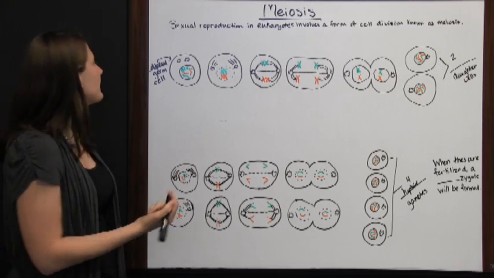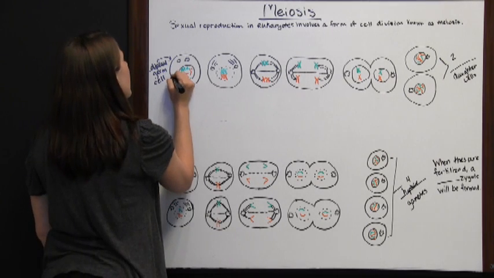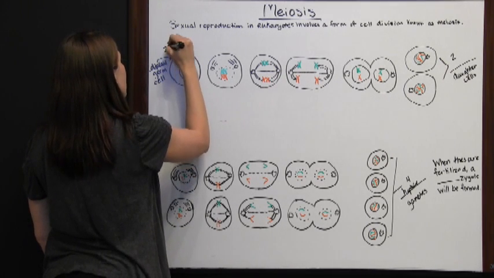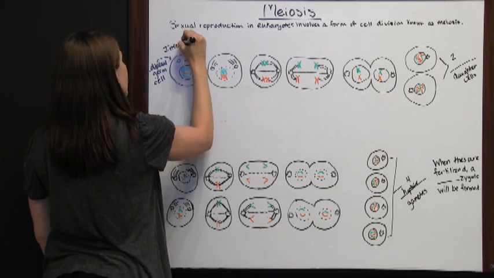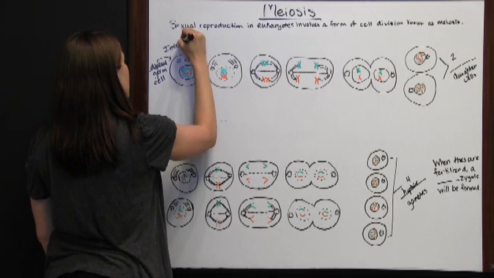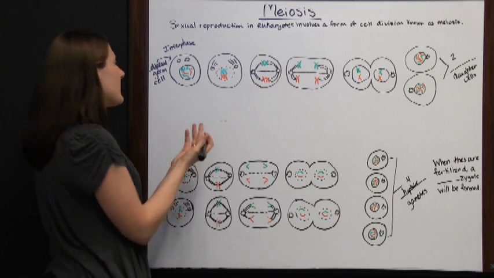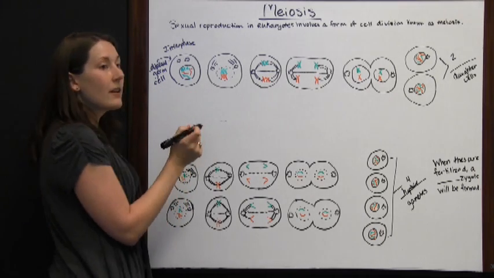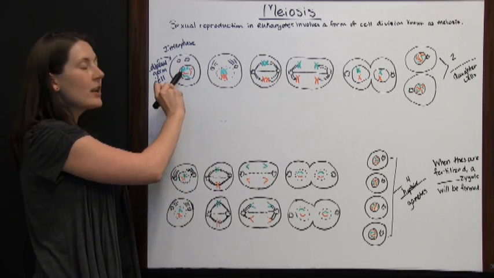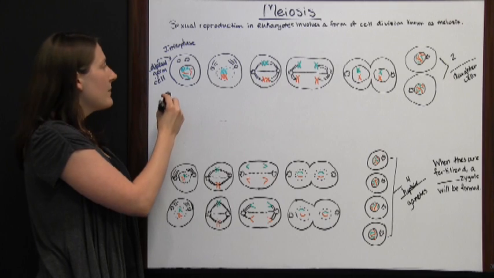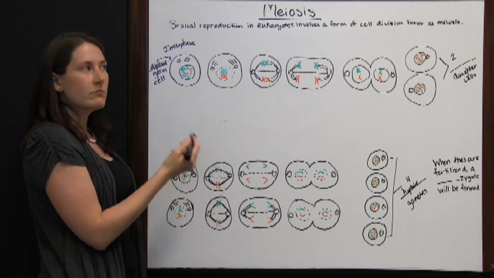So, in this first part, this would be interphase, and it's kind of before meiosis starts, but it has to do with it because this diploid germ cell contains genetic information from both a maternal and paternal parents.